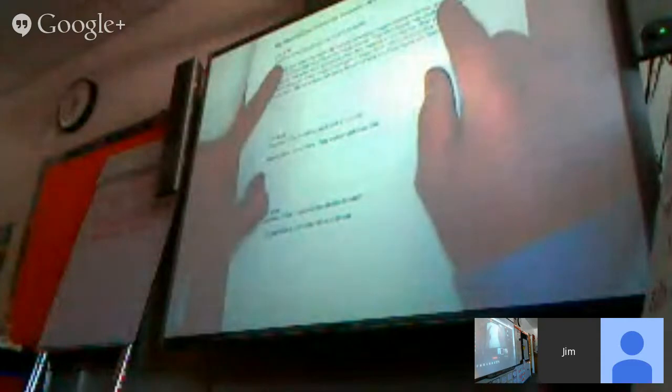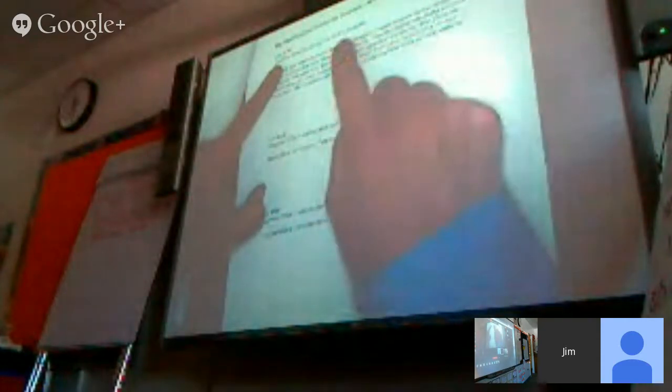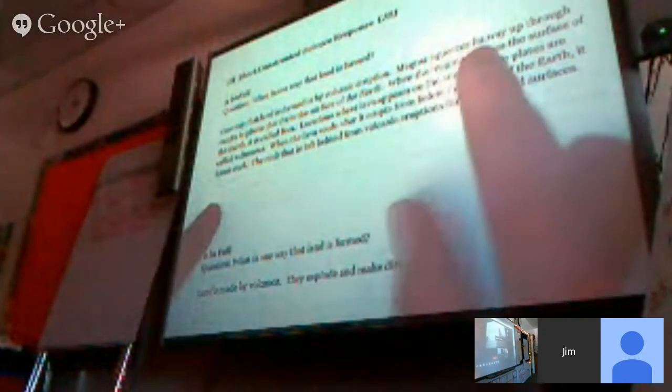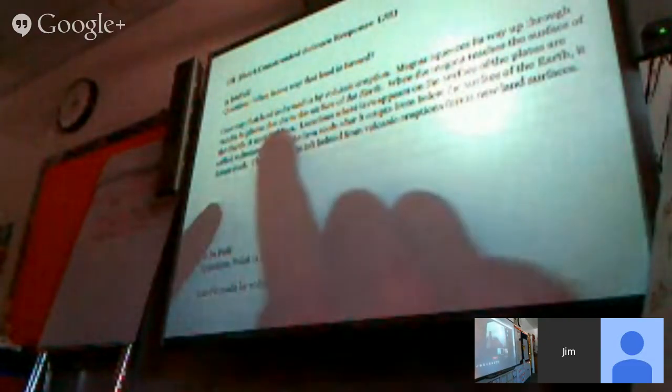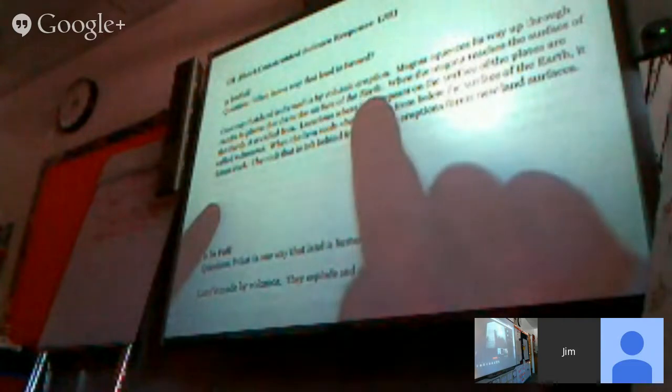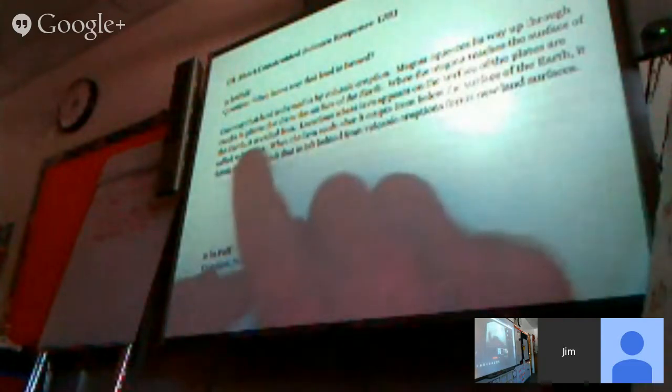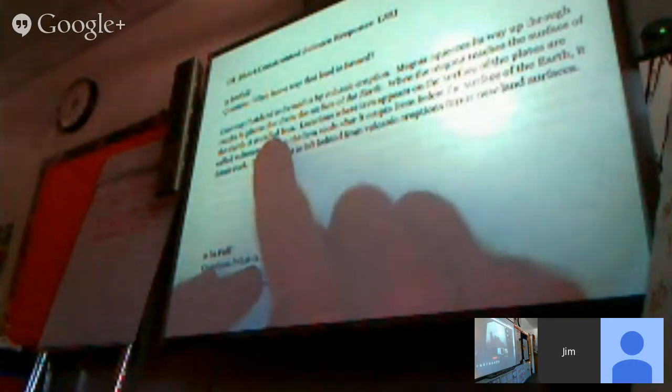The question is, what is one way that land is formed? One way that land is formed is by volcanic eruption. Magma squeezes its way up through cracks and plates that form the surface of the Earth. When the magma reaches the surface of the Earth, it is called lava.